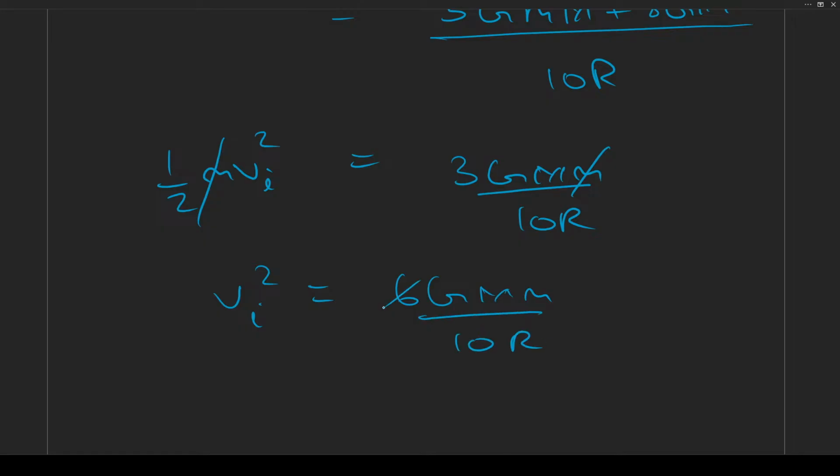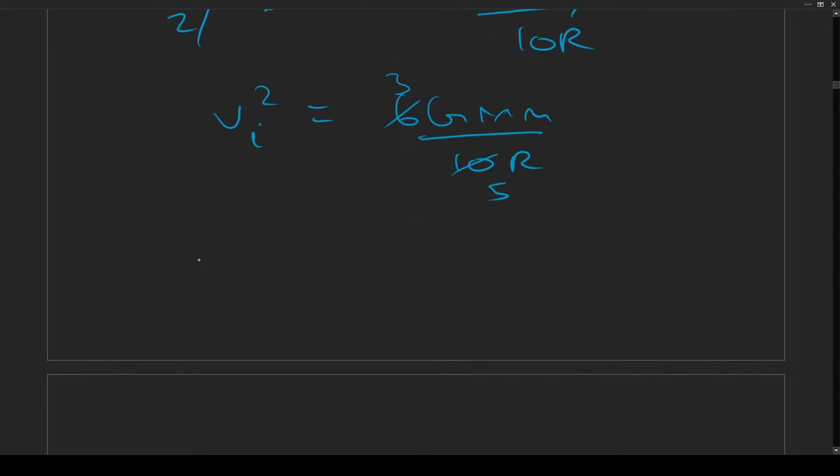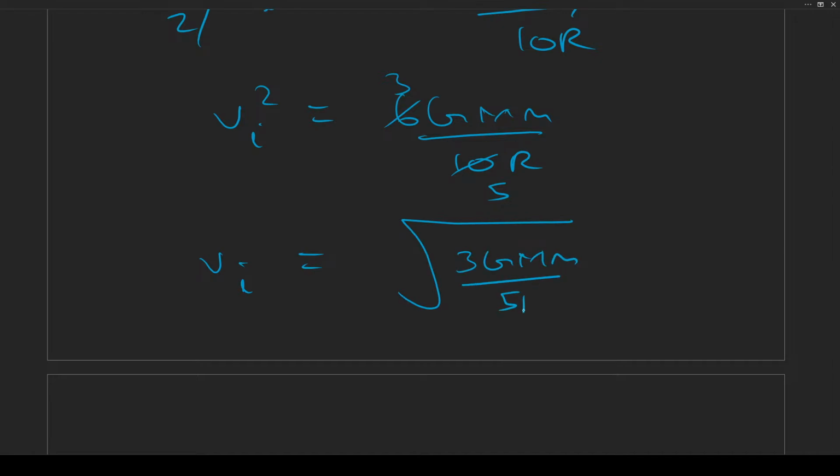We can write it as 2 threes are, 2 fives are. V initial equals root of 3GM by 5r, not Mm. Which is the same answer which we got in the textbook.